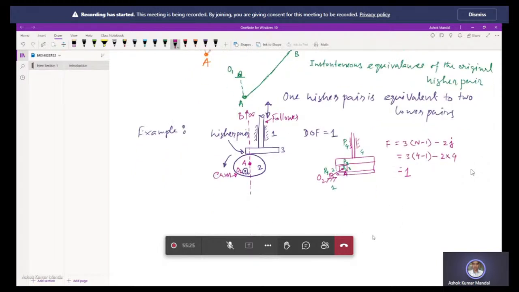Now we will not always draw this equivalent system, but looking at this system we should develop a formula. If there is a higher pair, how can we calculate its degree of freedom?